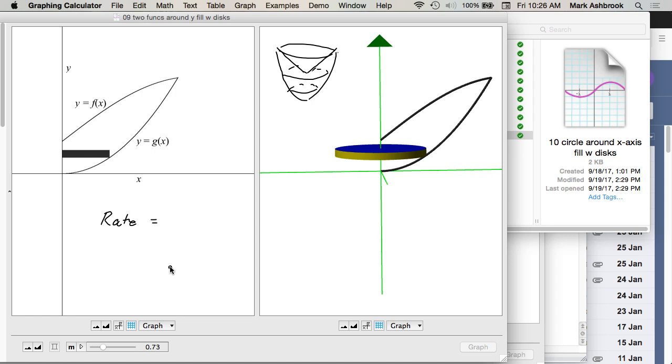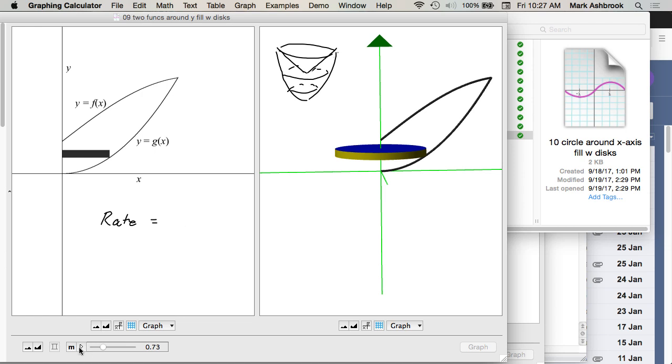Height change. Okay, the height changes. And so the rate is going to be area of the base or 2 pi r h? Area of the base or area of the lateral surface? Area of the base, the blue, right? Area of the blue.